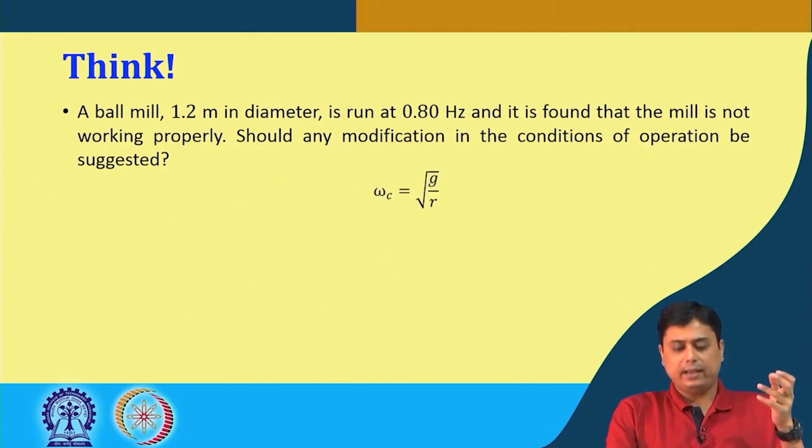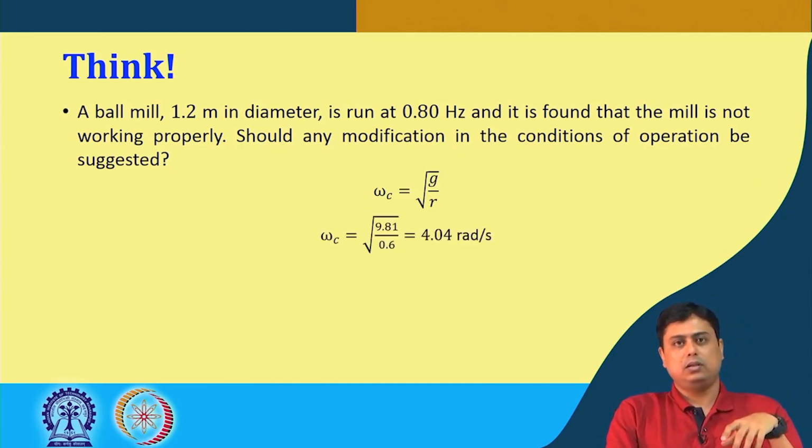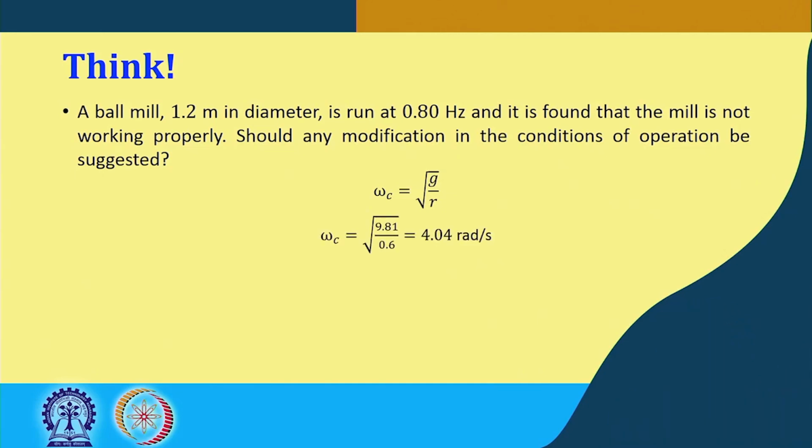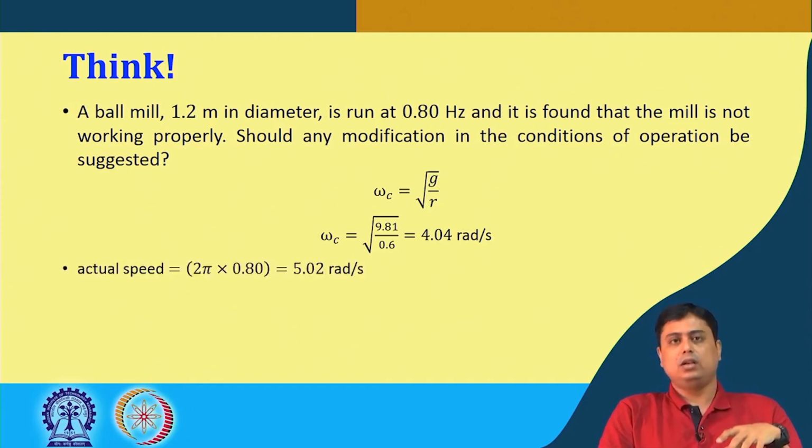So, let us look at the angular speed. We know this expression. So, currently the angular speed is 4.04 radian per second. Now, that translates to the actual speed of 5.02.